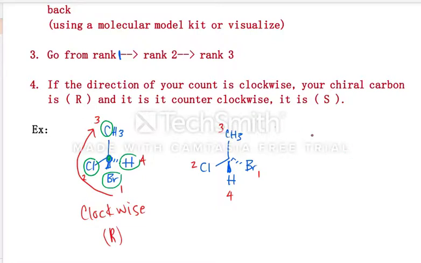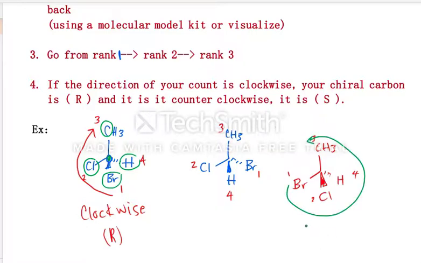If I were to draw what would happen, basically my bromine will be on this side. If you turn it, the hydrogen will be in the back. CH3 stays where it is, and my chlorine goes here. I'm just visualizing it. That's how I turn it. So again, this is 1, this is 2, this is 3, and this is 4. Now let's count. 1, 2, 3.